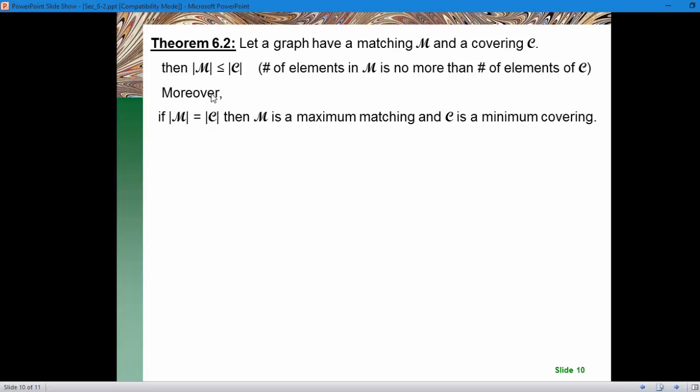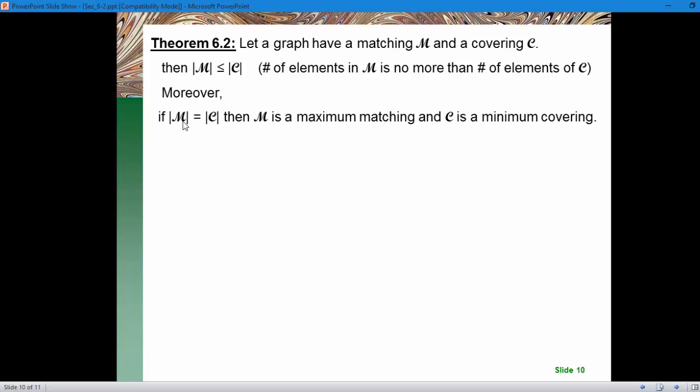Now, the theorem also says that if you do have a matching with the same number of elements as the covering, then you've just found a maximum matching and a minimum covering.